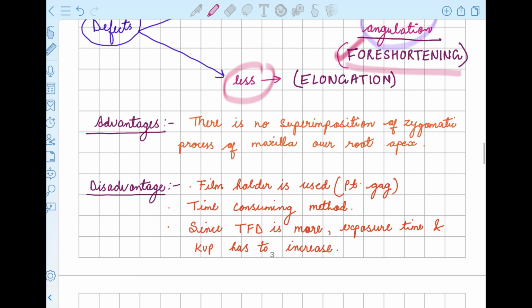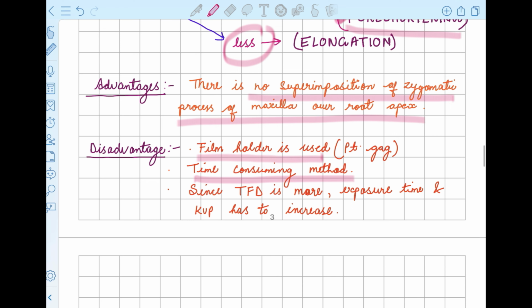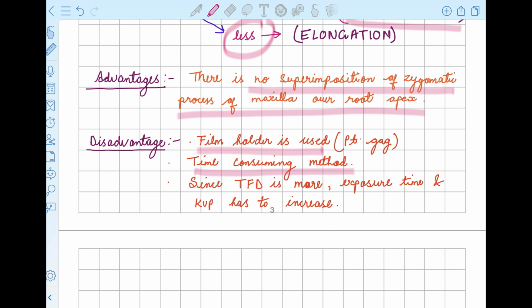Now let's see the advantages and the disadvantages. There is no superimposition of the zygomatic process of the maxilla over the root apex. And in the disadvantages, a film holder is used, so there is a problem of gag. Second, it is a time consuming method. And last but not the least, the TFD, what is TFD?